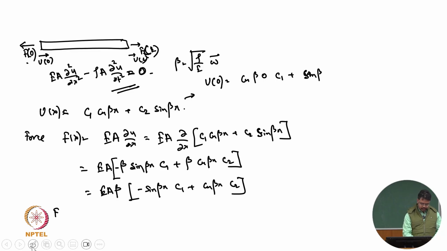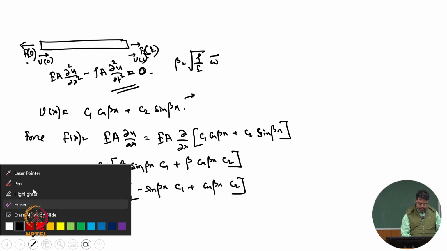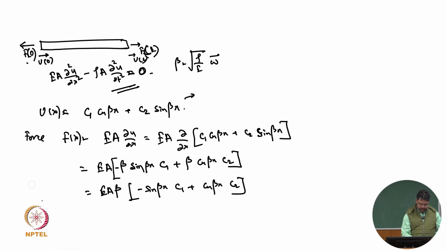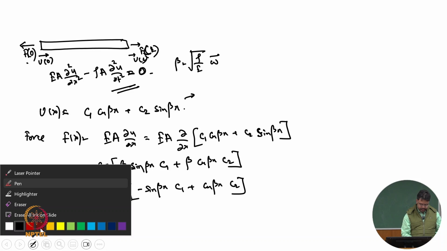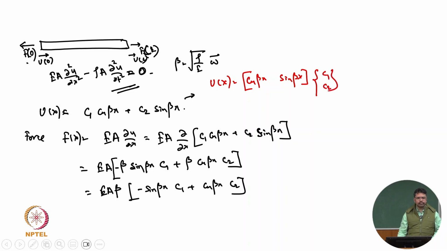Or else, I can write it in a much better manner. u of x can be written as cos beta x, sine beta x times c1 c2.